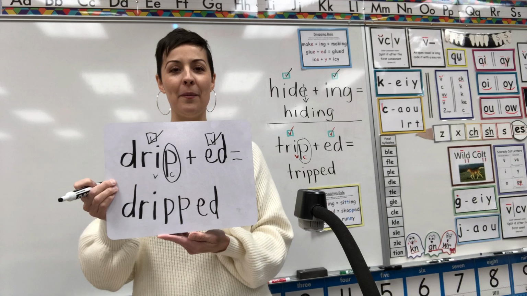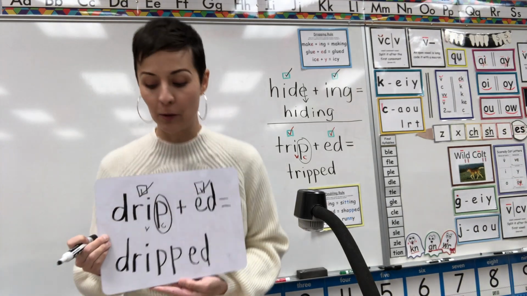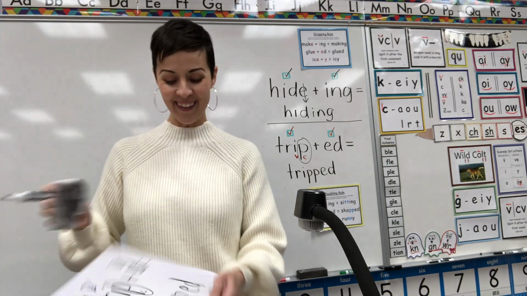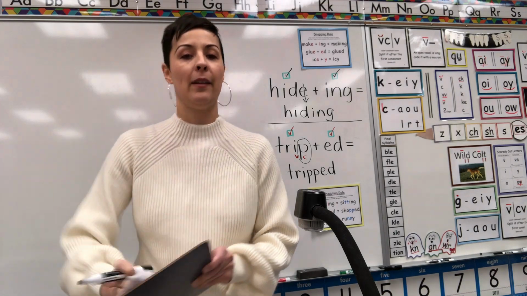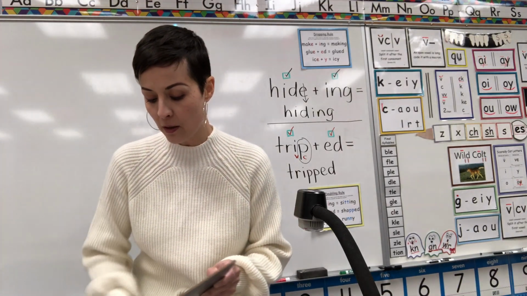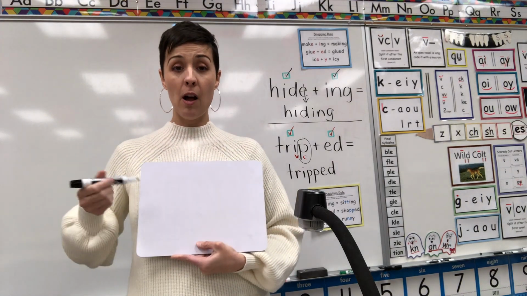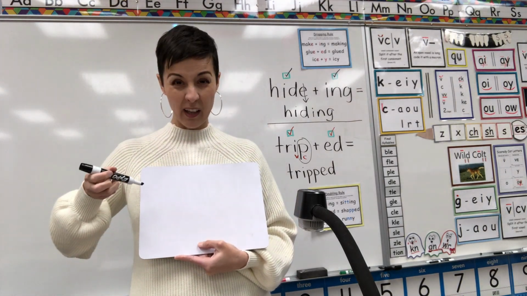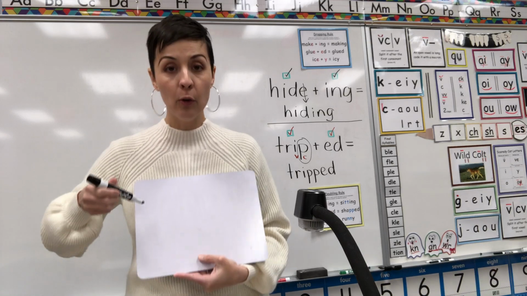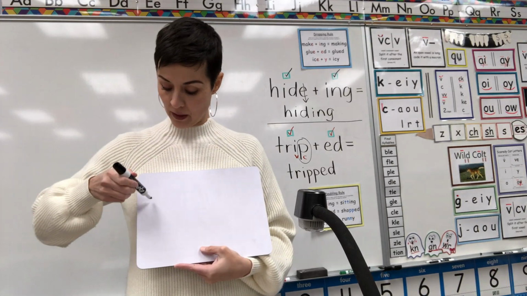Nice job. That was the doubling rule. Congratulations, you just did it. Erase, erase. Unless you're doing it on paper, then don't erase. You can just scoot down. Okay, next word. Kind of a long one, so be sure you're starting over here and writing a little bit small. Ready? Root word, trade.